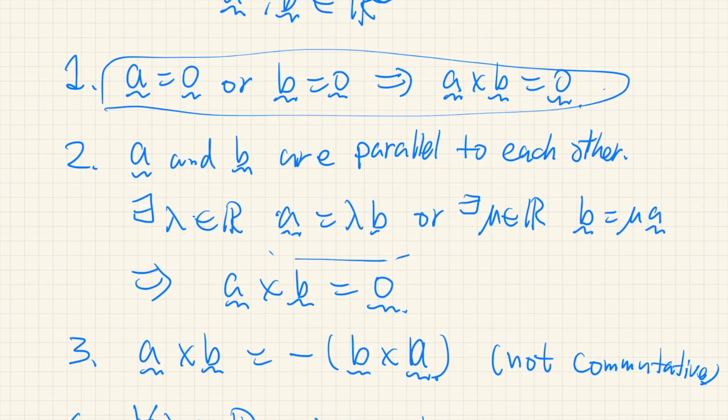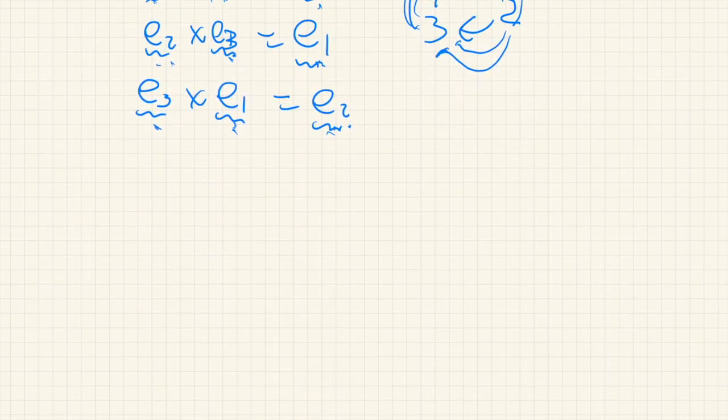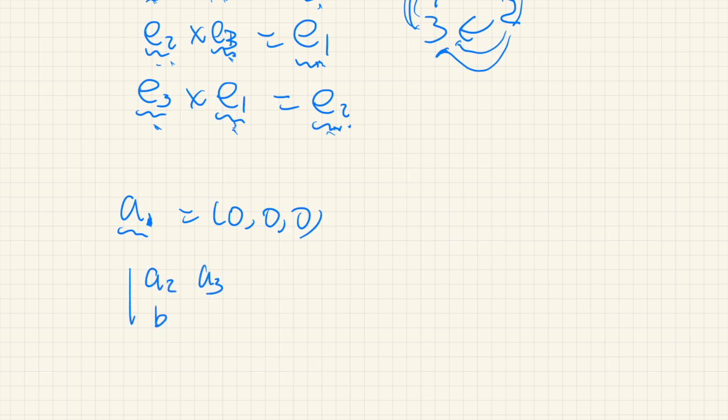Just apply the definition to the zero vector. For the first element, if A is 0, 0, 0, whatever the vector B is, we have the first element with A2, A3, B2, B3 being 0, 0, B2, B3. This determinant is, of course, 0. And you can show the same thing for the second and third component, and all of them become 0.